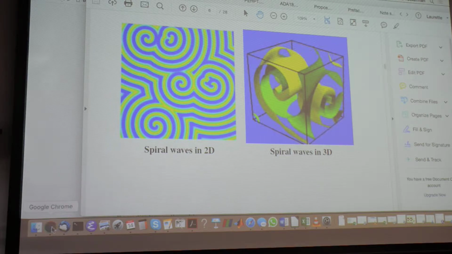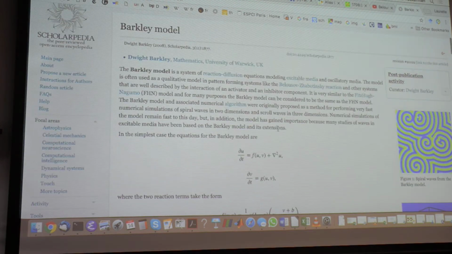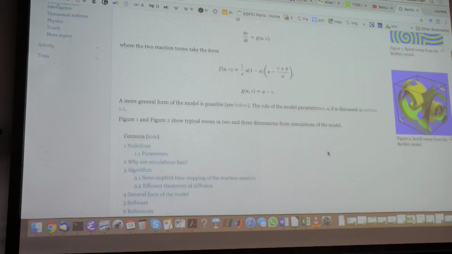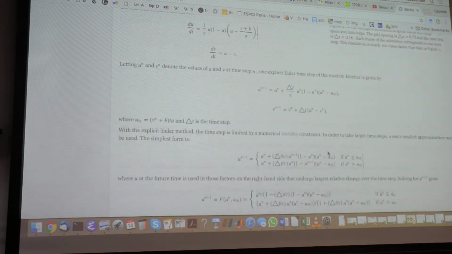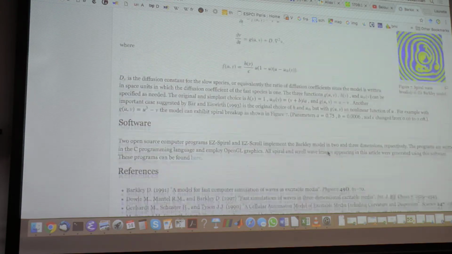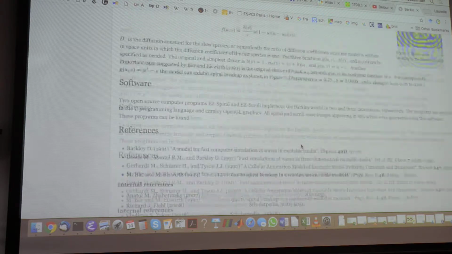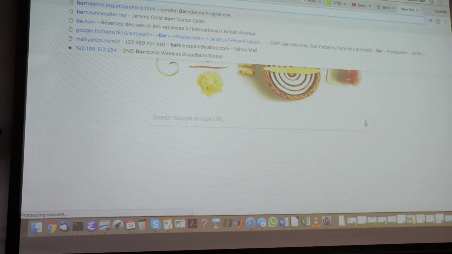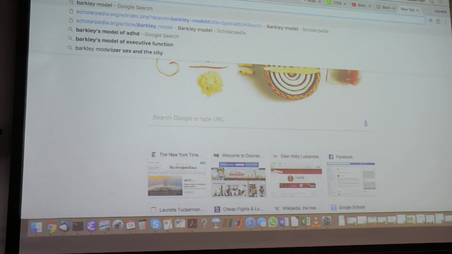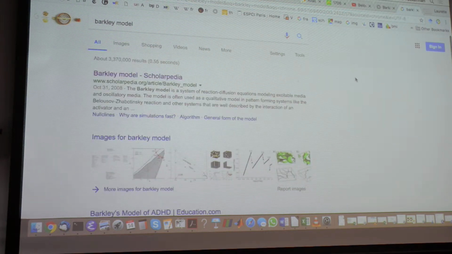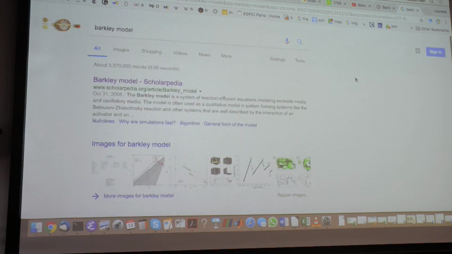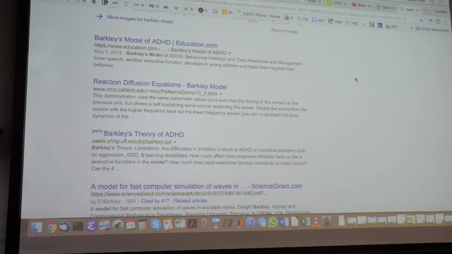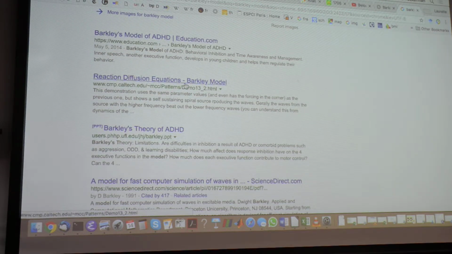Are there simulations or are they just pictures? I can probably get simulations somewhere. Let's see.